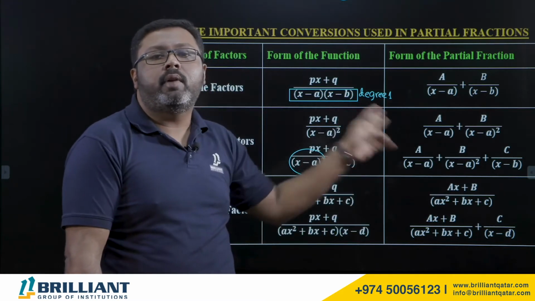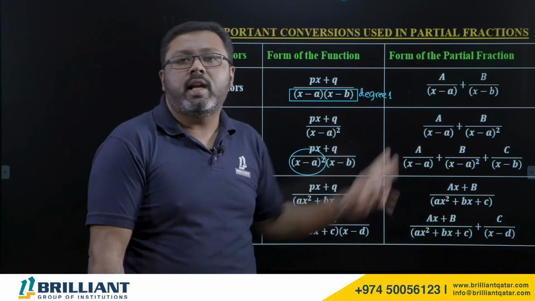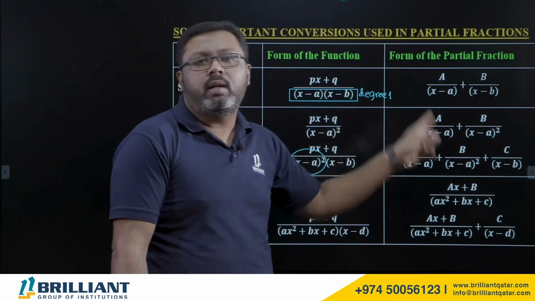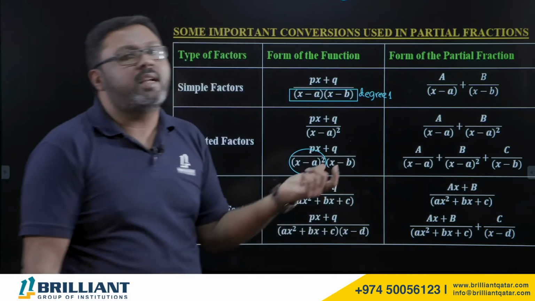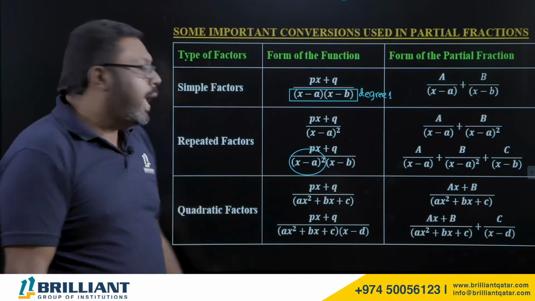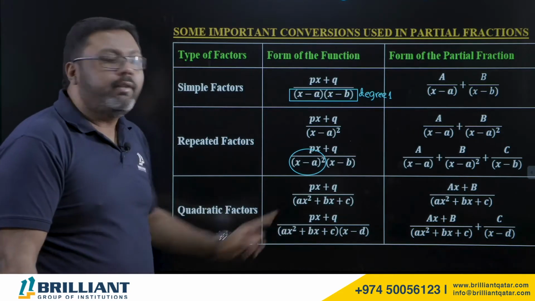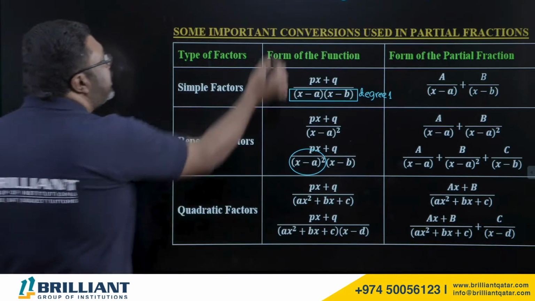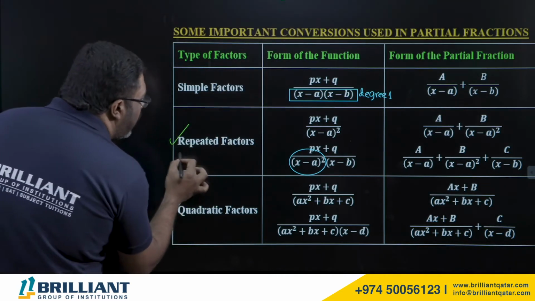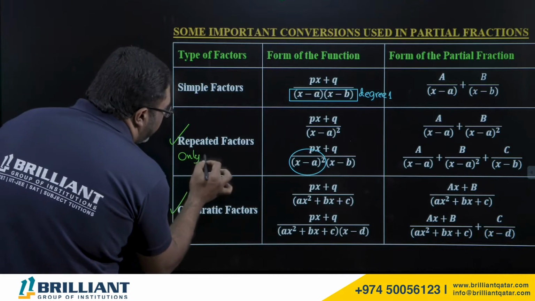Okay, so we can have repeated factors. How many number of times we want, that many times it can repeat. But you have to keep on writing that many number of arbitrary constants. So maximum number they can ask you is 3, but very often it is only 2. And the third one, quadratic factor. But keep in mind, whenever they ask these two, repeated or quadratic, only one repeated factor.